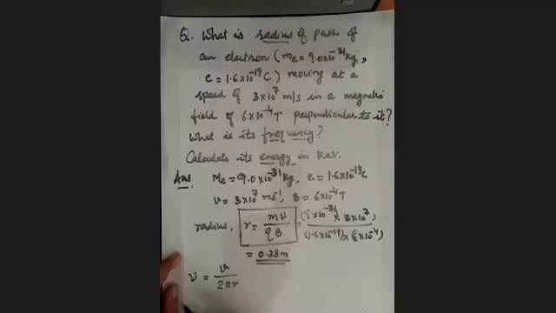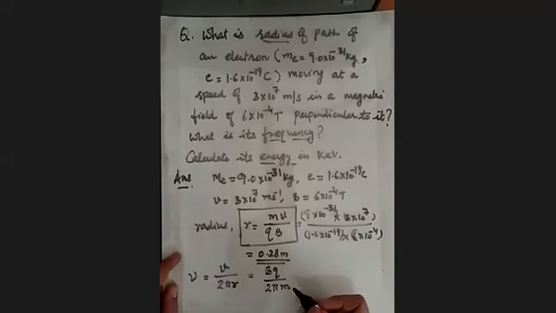How? v is the speed of the electron on the circular path, and 2πr is the distance for one complete revolution. So frequency will be v upon 2πr, which will be equal to Bq, the expression that we had derived, upon 2πm. So we derived the expression for frequency.